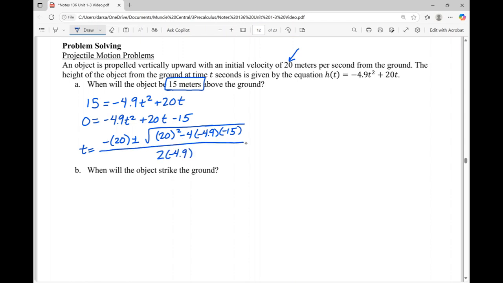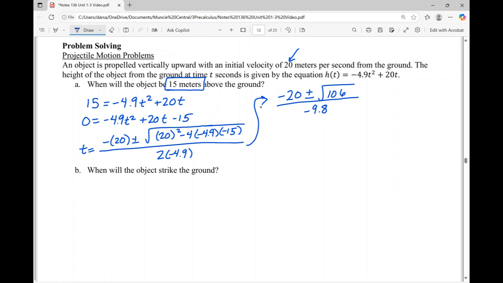This is going to get a little bit ugly. Let's grab our calculators and simplify what is in that square root. Okay, negative 20 plus or minus the square root of 106 over negative 9.8, which is 2 times 4.9.